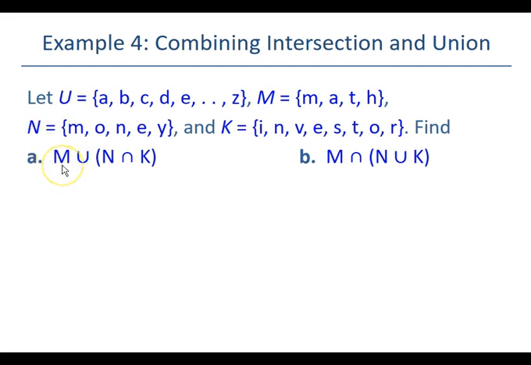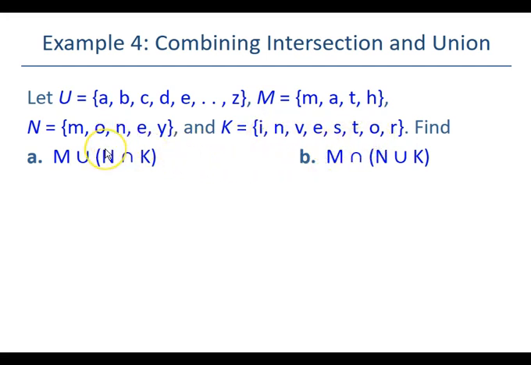They want us to show union between math here, the M set, and then we have to find the intersection of N set money and K set investors.